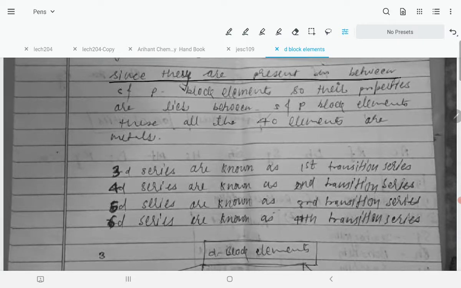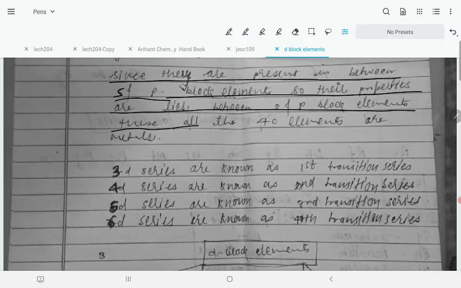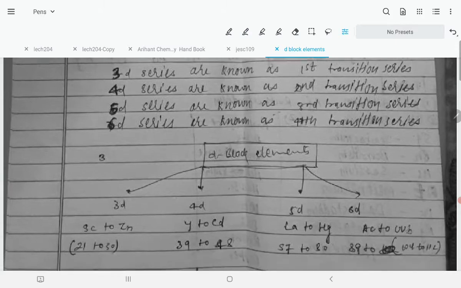Since they are present between the s and p blocks, their properties lie between s and p block elements. All 40 elements are metals.